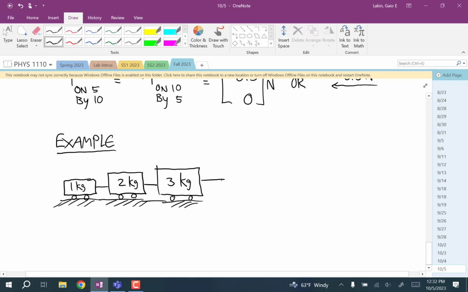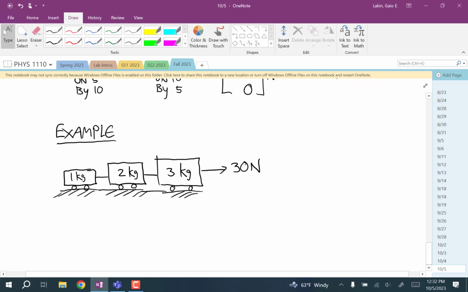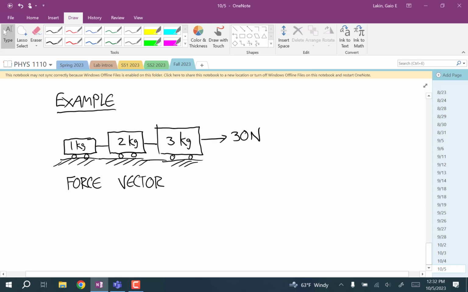And then we'll apply a 30 Newton force this way. And let's say we want to find the force vector applied to the 2 kilogram cart by that left cable, so the cable that's holding the 1 and the 2 together.